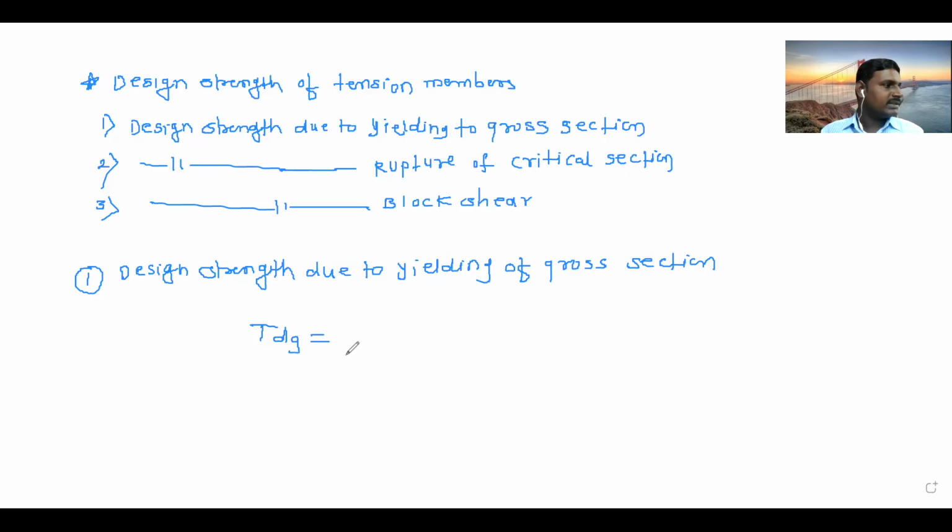The formula for the design strength due to yielding is Tdg equal to Ag into fy divided by gamma m0.